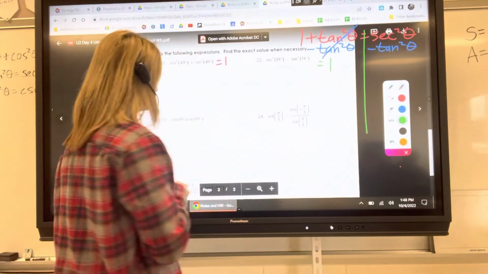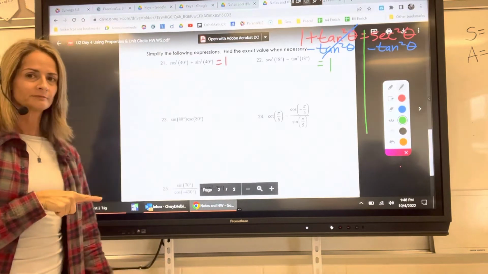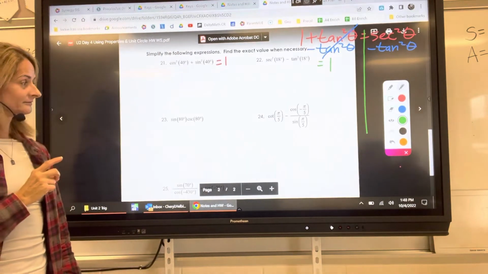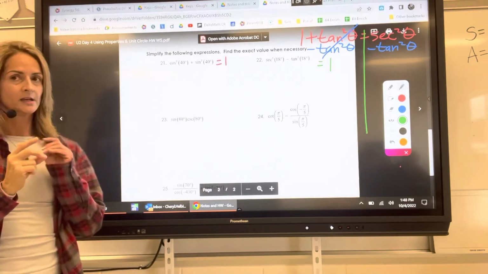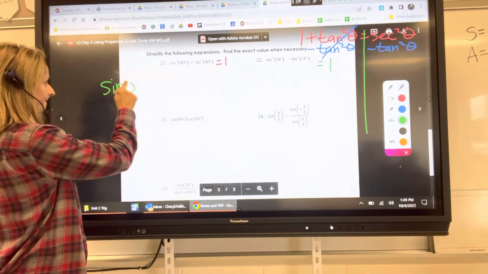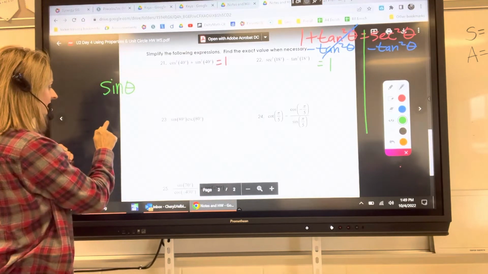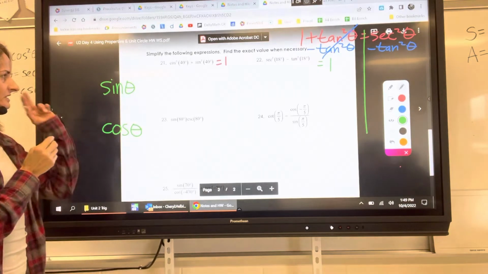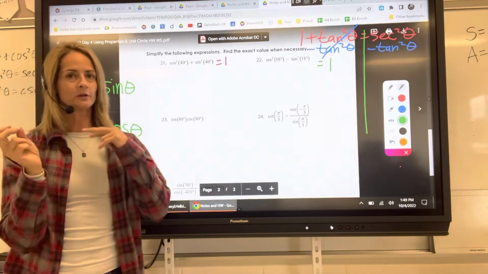What's the reciprocal of cosecant? So we have to know the reciprocal of sine and cosine. The reciprocal of sine is what? The reciprocal of cosine is what?